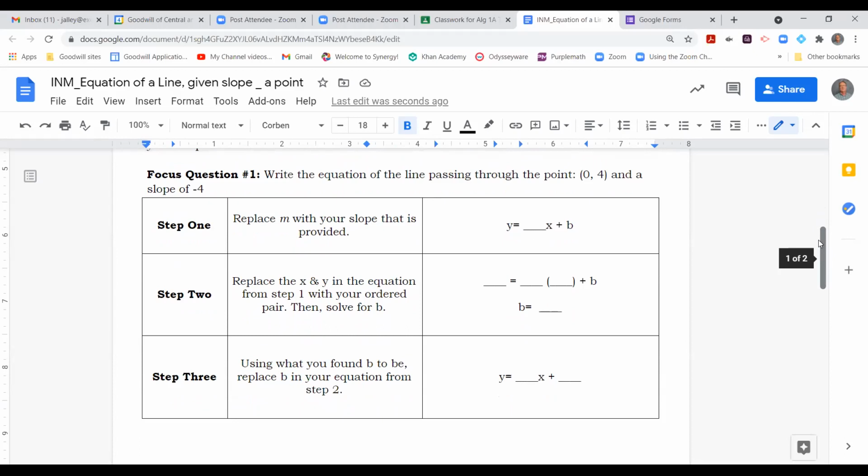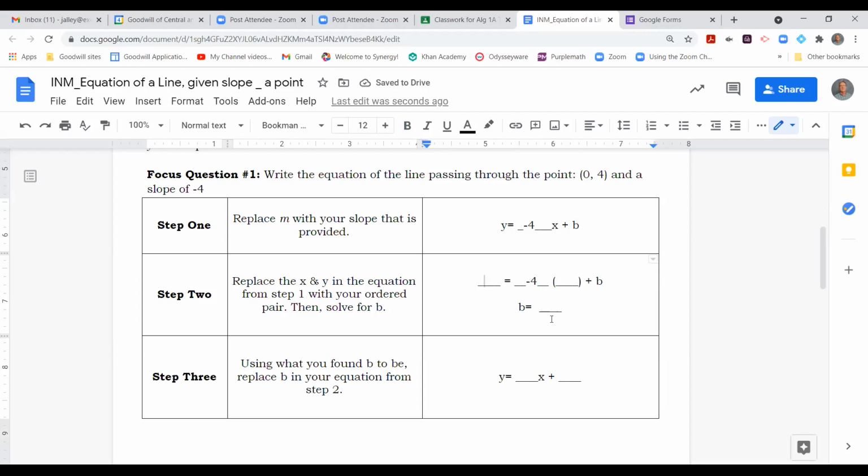Because we have everything except for b, that we can substitute in to the form to find what b is. We've got the slope. Slope's -4. Put it in the second step also.